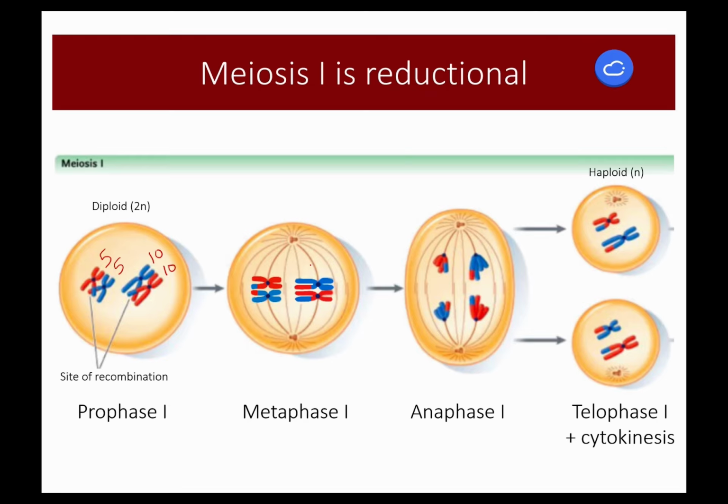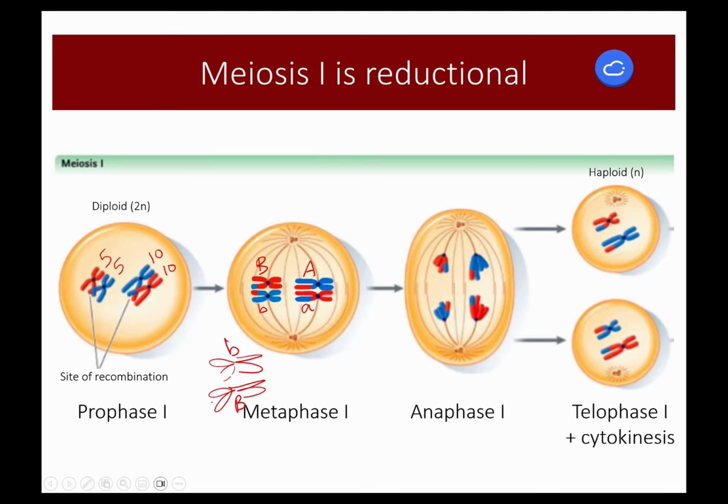For example, if chromosome 10 has big A on the top and little a, heterozygous, this chromosome is going to line up independently of this one, meaning it's not going to see the big A on top and think, I also have to put my big B on top. If it does, it does. If it doesn't, it doesn't. So it can line up like this, or it can also line up like this.